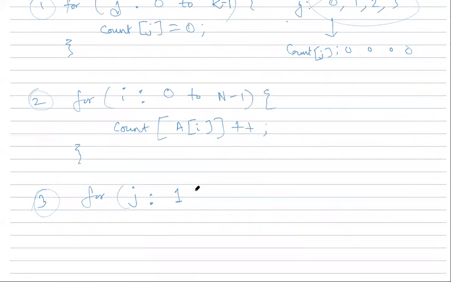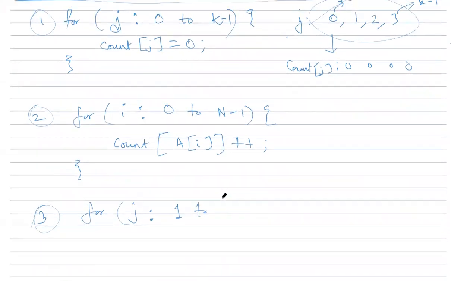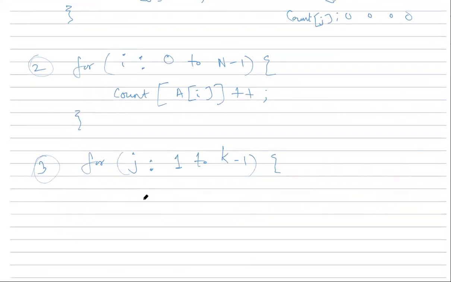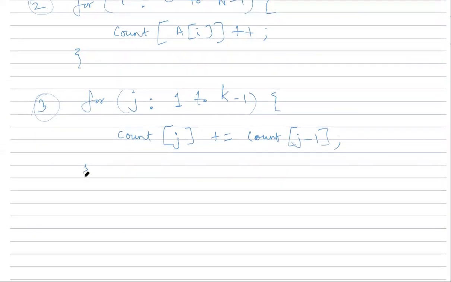So it's going to run from 1 to k-1, and then we are going to say count of j plus equal to count of j-1. So now the positioning has been calculated.